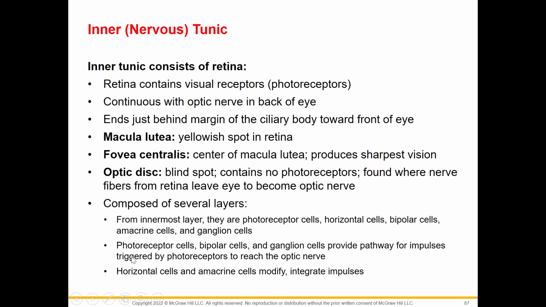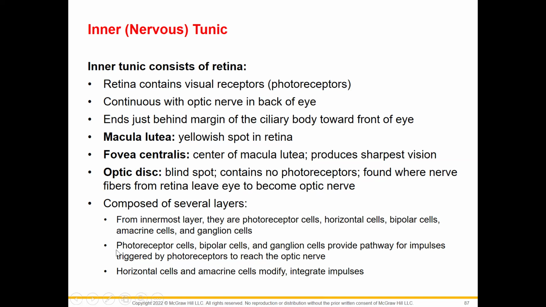You have the photoreceptor cells, the bipolar cells, and the ganglion cells that provide a pathway for the impulses triggered by the photoreceptors to reach the optic nerve.